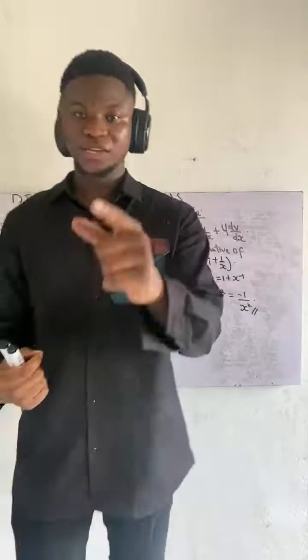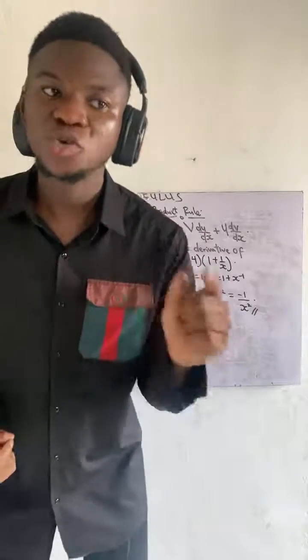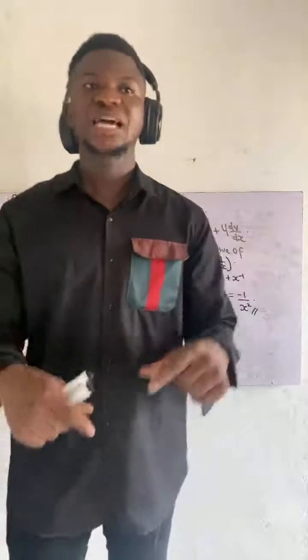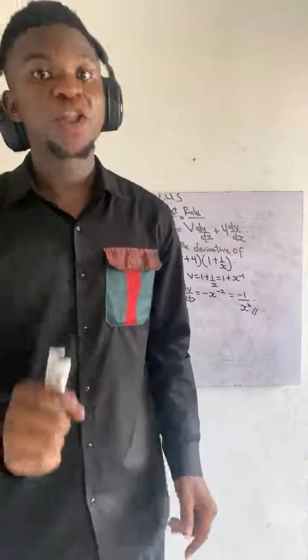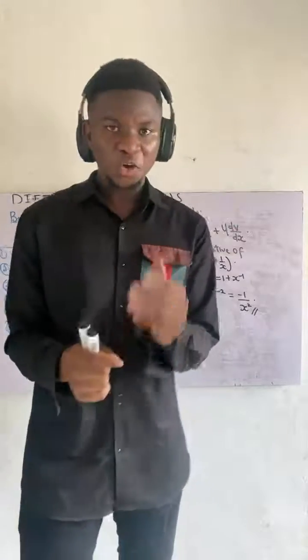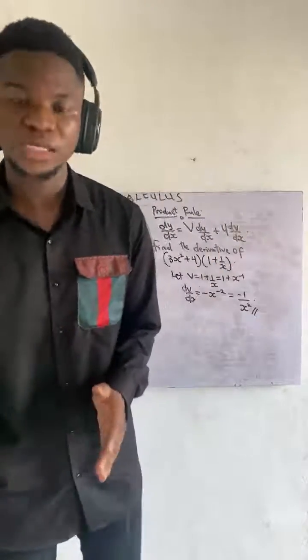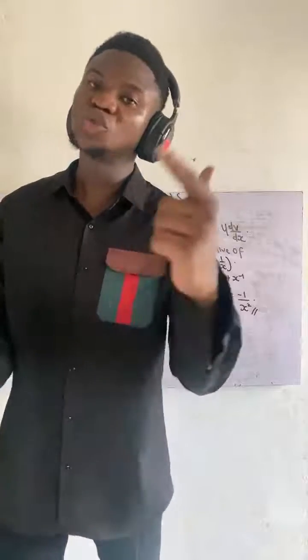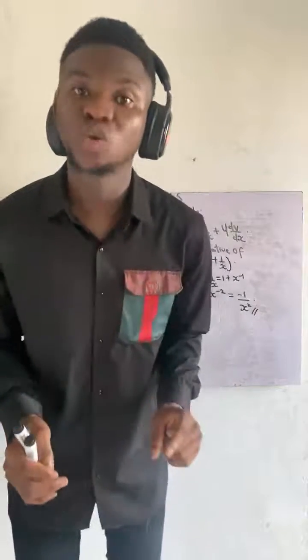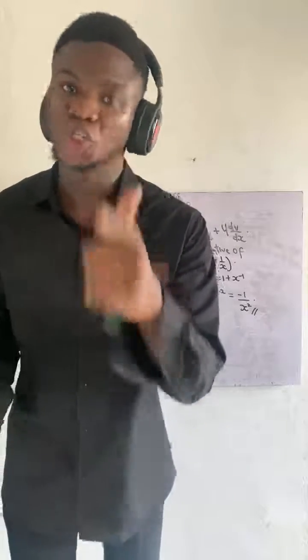Either you say u dv dx plus v du dx, or you say v du dx plus u dv dx. Do you get that? So u goes with dv dx, while v goes with du dx. Irrespective of the one you bring first, what should connect the two together must be addition.